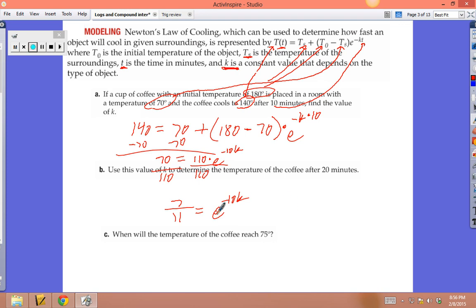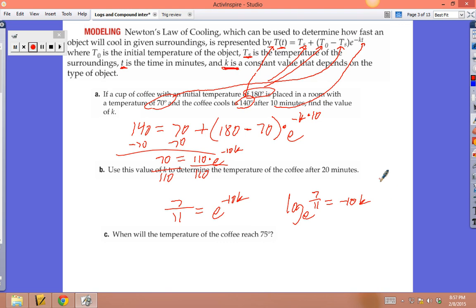Now from here I'm going to undo k, but it's in an exponent, and I don't know what that exponent is, so I'm going to use the inverse of exponents. I'm going to do a logarithm. So we're going to go log in base e of 7/11, and that is going to give me my exponent, which is negative 10k.